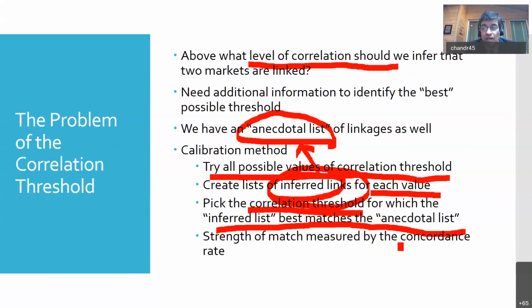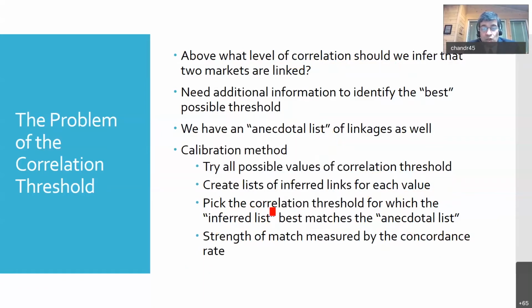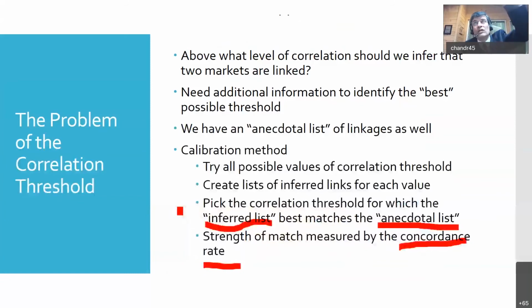So we use something called a concordance rate, which basically says how close your inferred list is to the anecdotal list. We're going to use a concordance rate to measure that closeness. And then we're going to figure out for which threshold correlation that concordance rate is the highest, and that's going to be the threshold that we pick in order to generate our list of inferred linkages. So that's the basic idea.